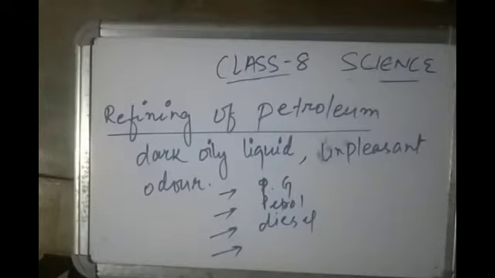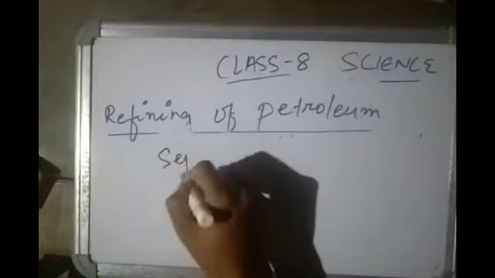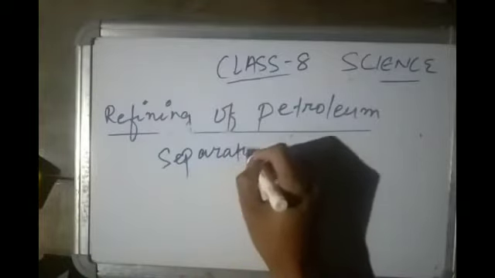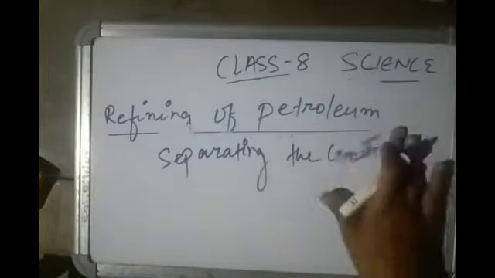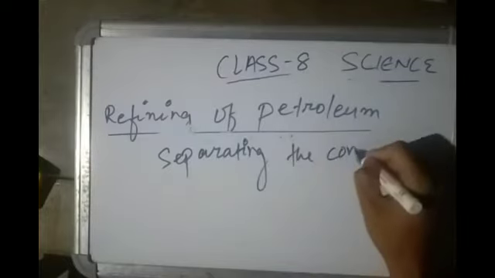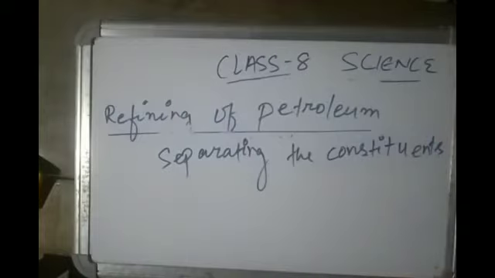The process of separating the various constituents of petroleum, so that useful products can be obtained, is called refining, and it is carried out in the petroleum refinery.